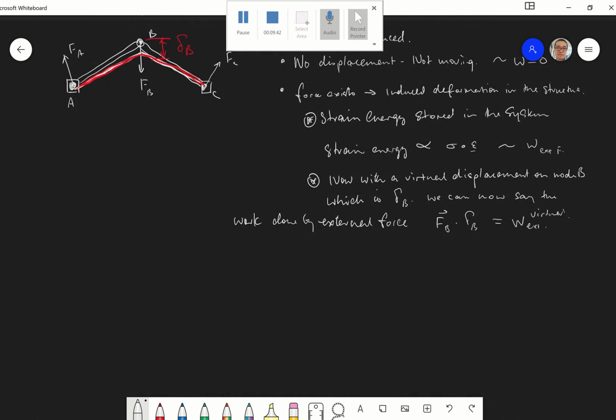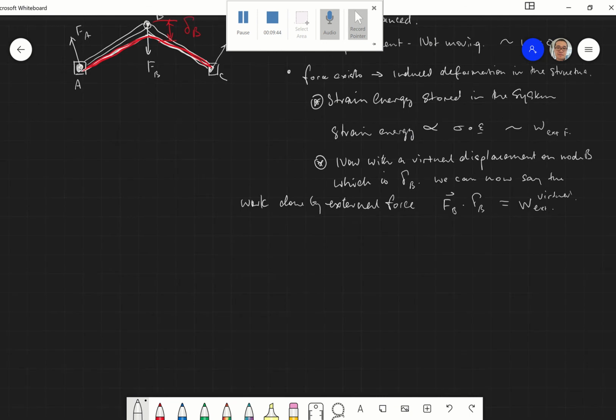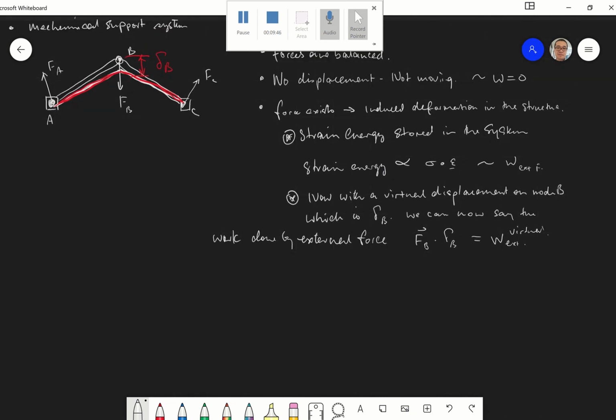So now what do we get? Well, the thing we get is basically saying that if the system is in equilibrium and we have some external forces, the virtual work induced by the external forces must be fully translated to the strain energy of this truss element or the structure we have.